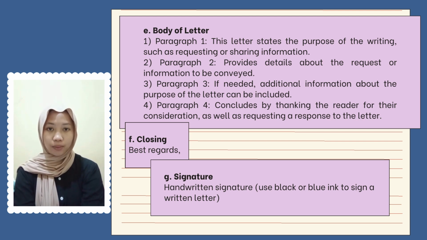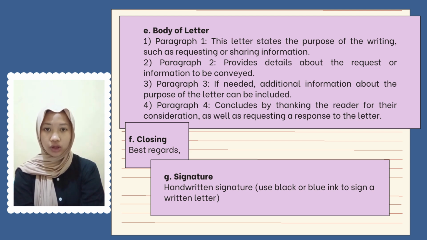Paragraph 2 provides detail about the request or information to be conveyed. So, in this second paragraph, the writer can convey the main details or information that they want to convey to the recipient of the letter.